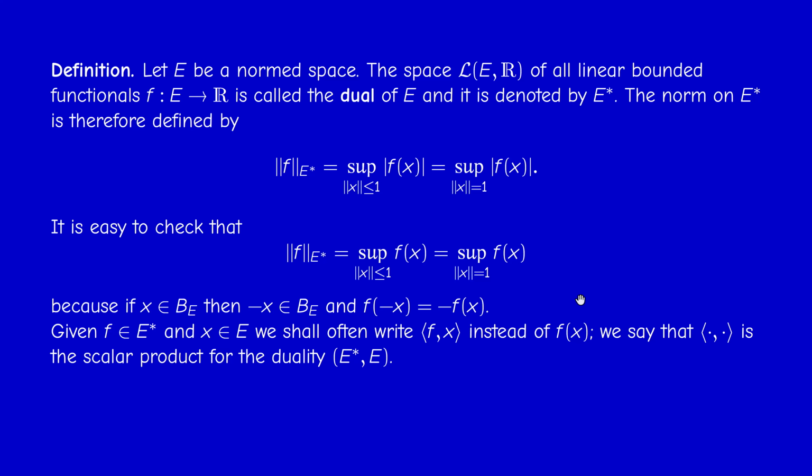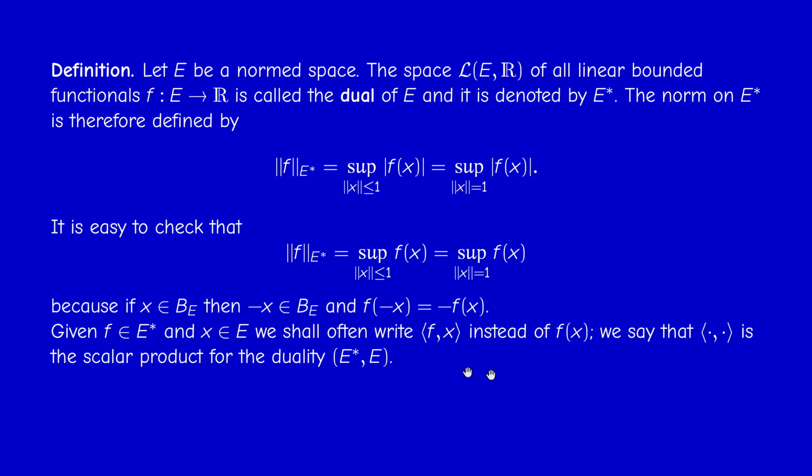And also a notation, sometimes instead of f of x, if f is an element of the dual, f of x is actually a real number, right? Because f takes value in R. Now, instead of writing f of x, we write ⟨f, x⟩ between brackets. And this notation is reminiscent of a dot product. And there's a reason why we use this, because this form is linear in f and linear in x as well.